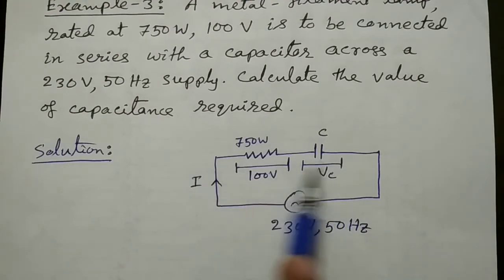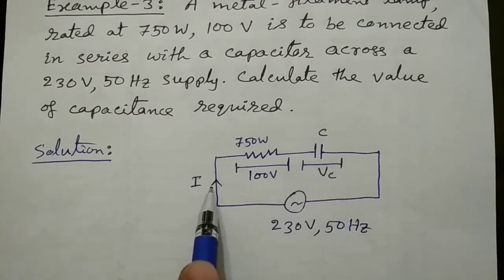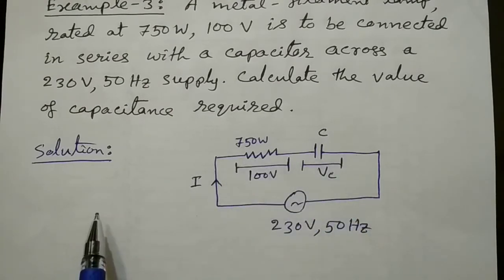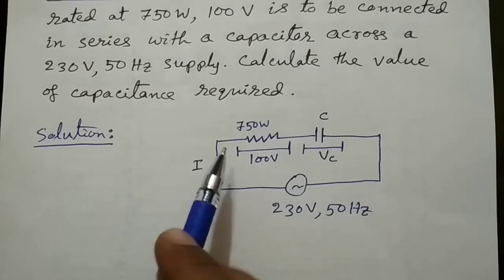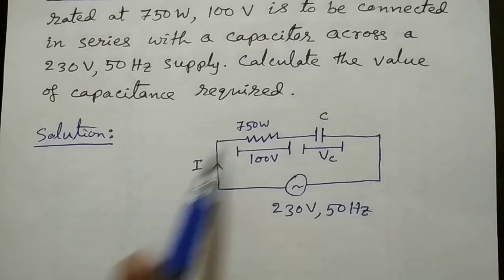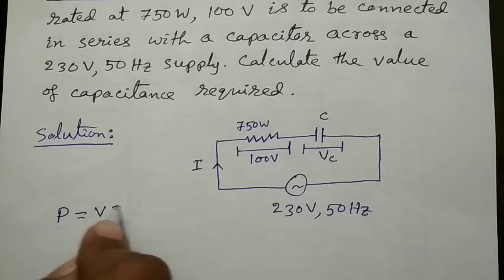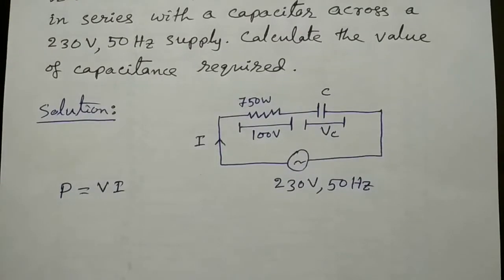As it is a series circuit, the same current will flow through the lamp as well as through the capacitor. So first of all, we will find the value of the current. As we know that the lamp or the bulb is a purely resistive circuit element, therefore the power consumed by the lamp can be represented in the form of P is equal to V into I, where the active power is 750 watt.